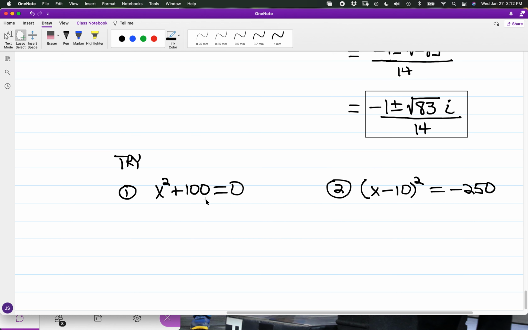Now for the first, we have a sum of squares with x squared plus 100 set equal to 0, and if I set this up with x squared by itself, I'm going to move the 100 over by subtracting.